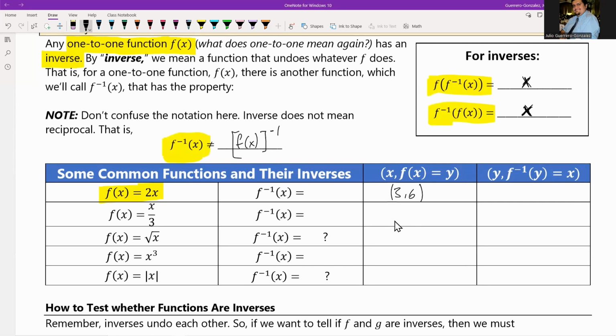All right, cool. So now, what does the inverse do? The inverse is supposed to flip what the function did. So in our case, I should be able to give the inverse function 6, and it should give me 3. So basically, these two flipped. Got it? But it should do it for everything.